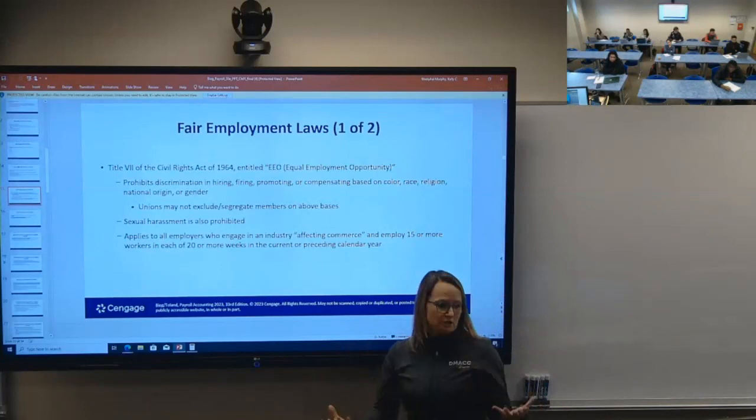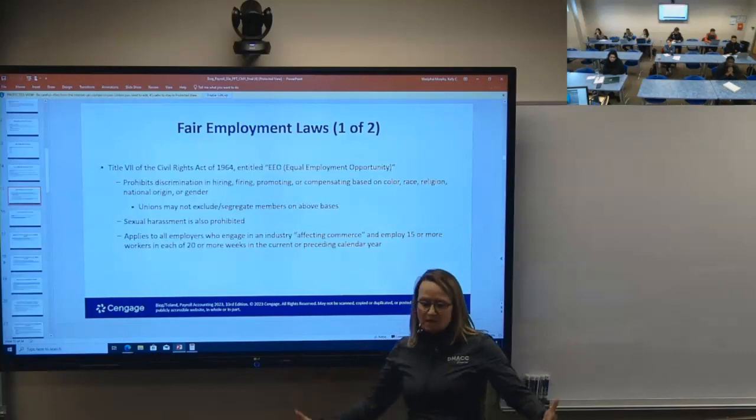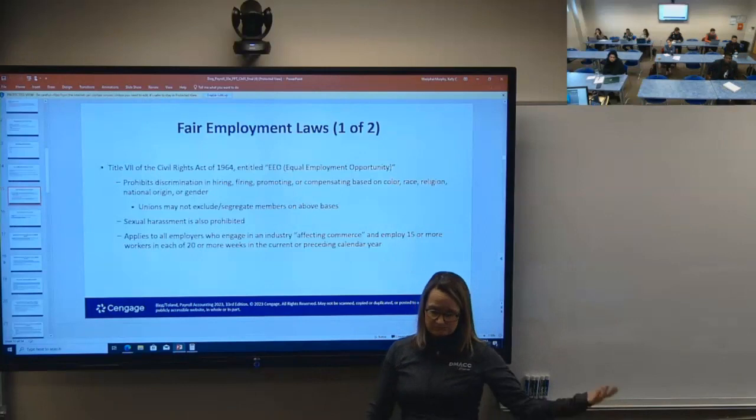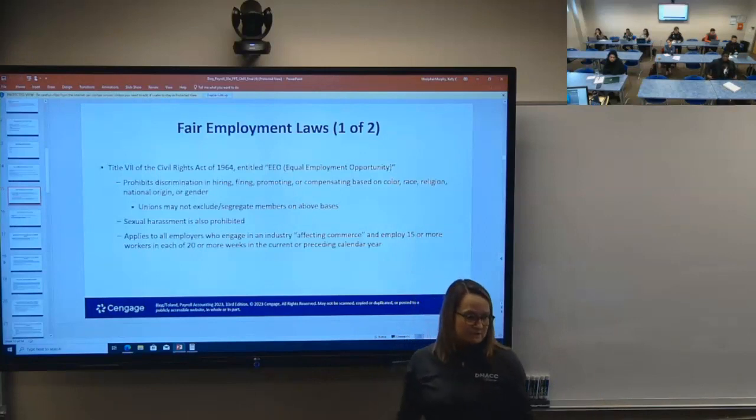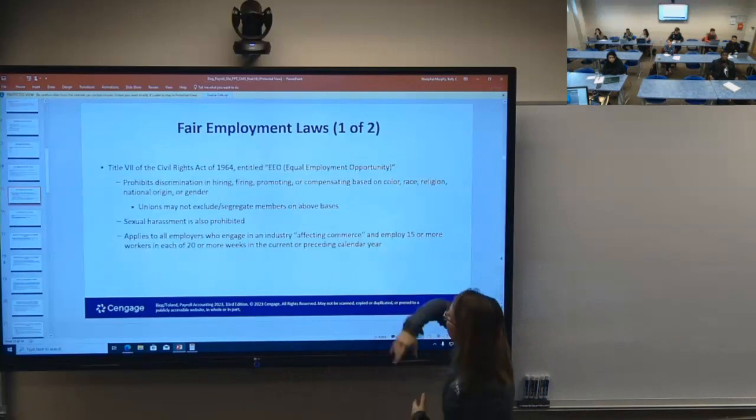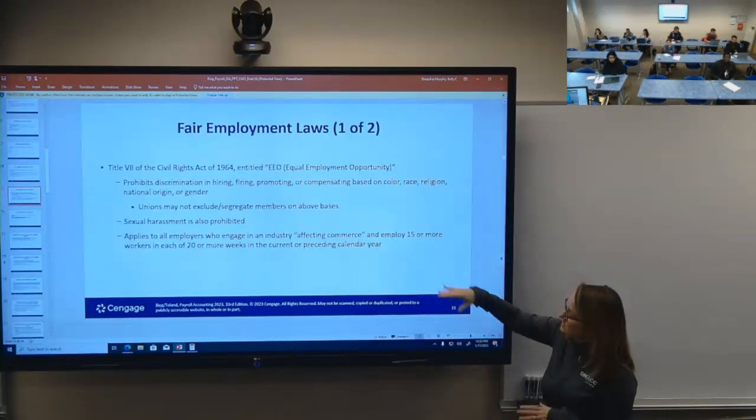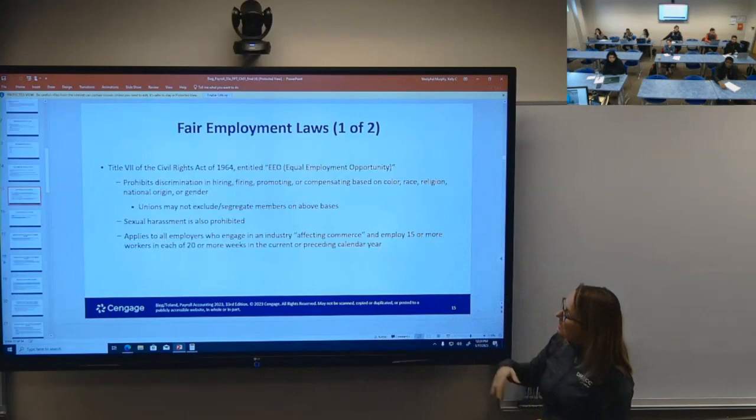Obviously, if, for example, you've got two receptionists and one of them has been there for 10 years, the other for 3 months, there's going to be a difference in rates of pay, right? But based solely on these characteristics, they cannot discriminate.